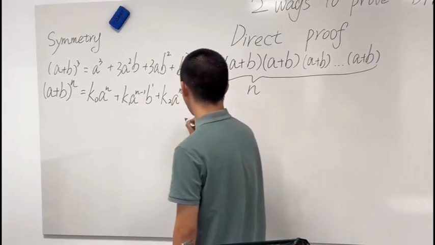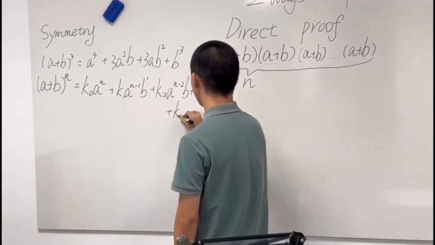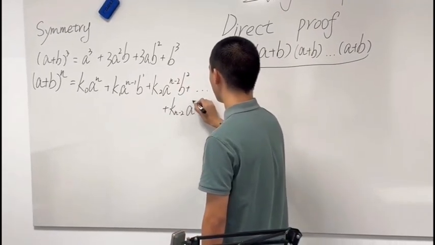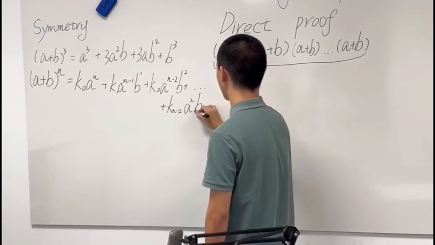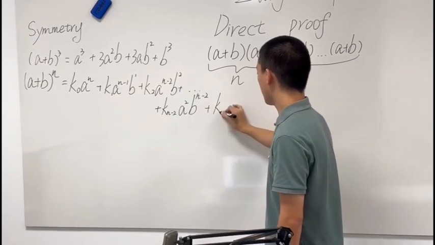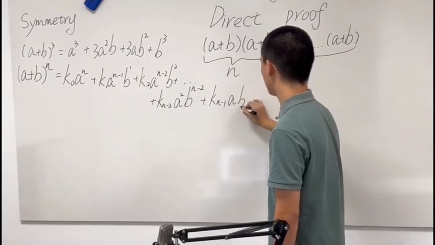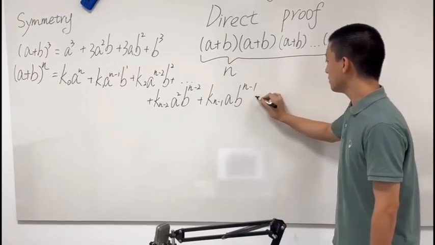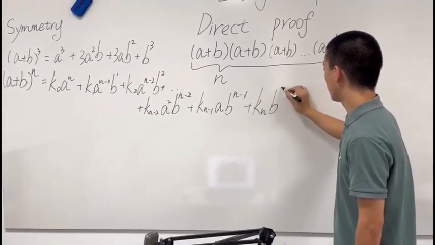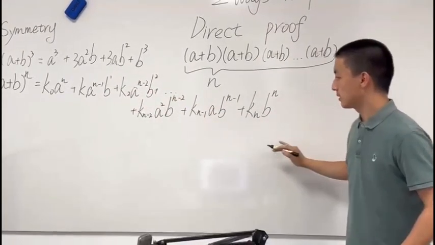Then we have K(n minus 2) A squared B to the power of n minus 2, then plus K(n minus 1) A times B to the power of n minus 1, then plus Kn B to the power of n. So we just assume (A plus B) to the power of n equals this, and we still don't know the coefficients.